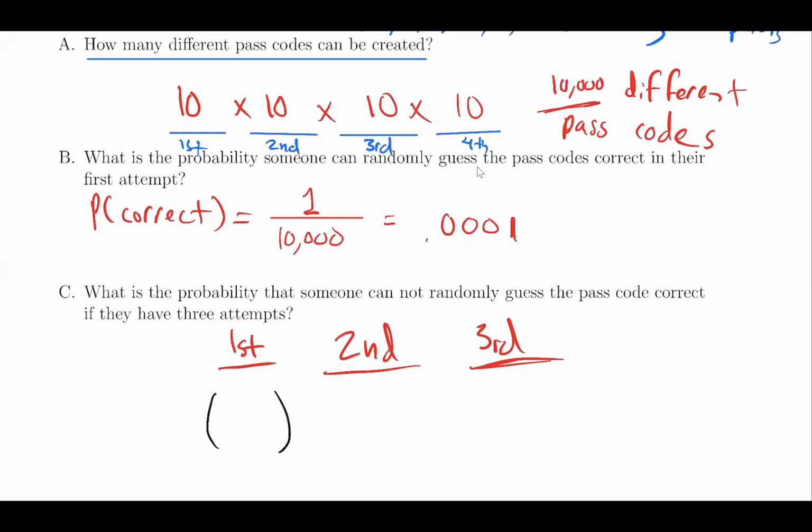So how many incorrect passcodes are there? 9,999. Perfect. Out of how many? 10,000. Everybody good with how we got 9,999 divided by 10,000?